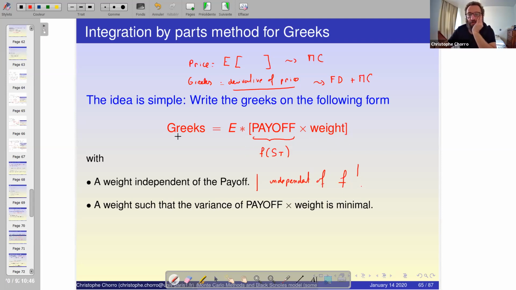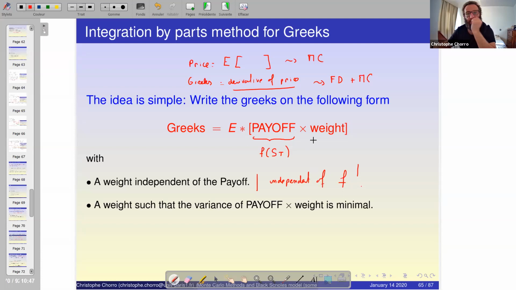And what is more, once I have this equality, the idea will be to approximate my expectation by Monte Carlo methods. In order to approximate this Greek by Monte Carlo methods, I will need to approximate this expectation by the strong law of large numbers.